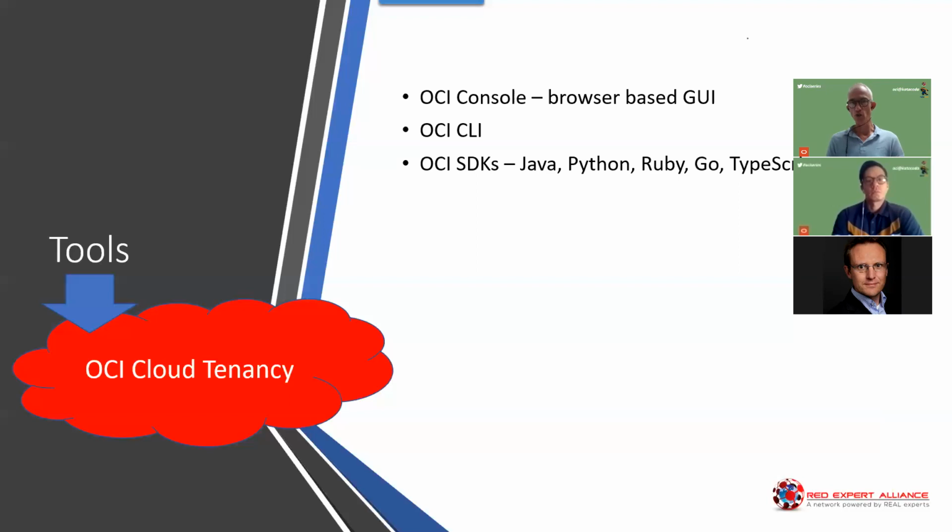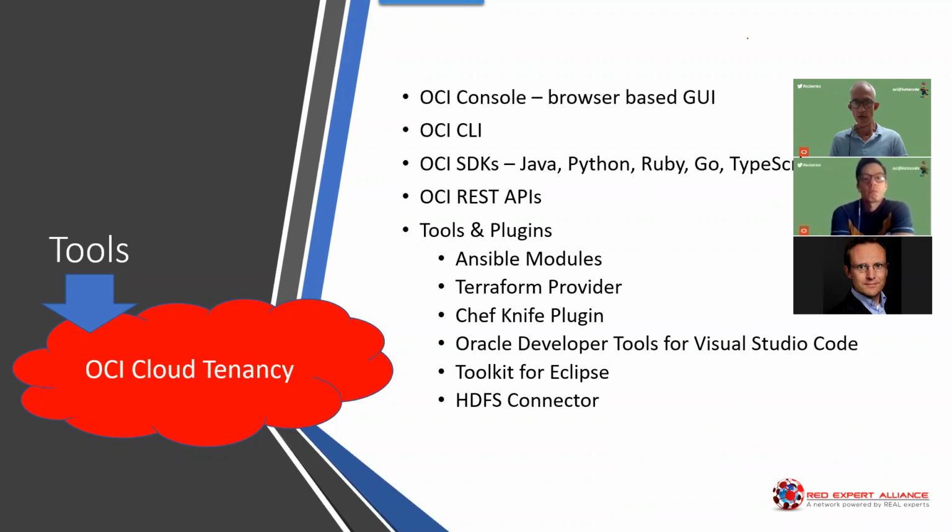Then there are many software development kits in different languages that you can use to program against Oracle Cloud Infrastructure, so you can manage cloud resources programmatically, just as you can through the command line interface. You can do the same thing through the REST APIs, and both the software development kits and the command line interface make use of the REST APIs under the hood. And then there are various tools and plugins that you could also be using. Some of these will be discussed in our webinar series, but not all of them.